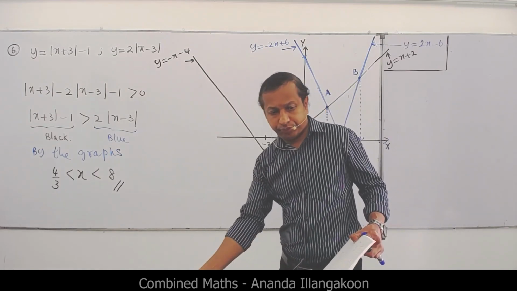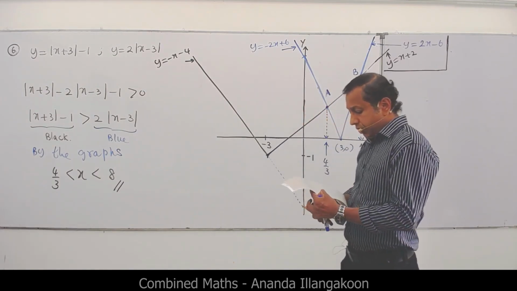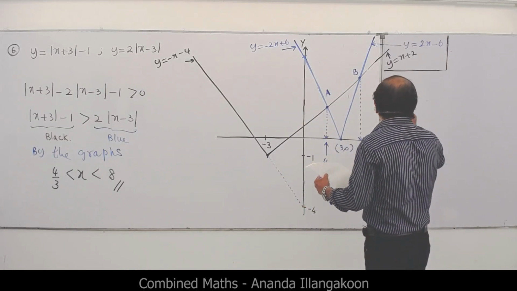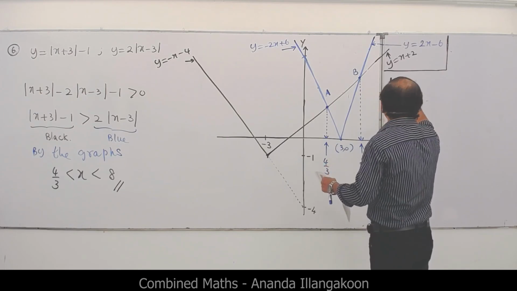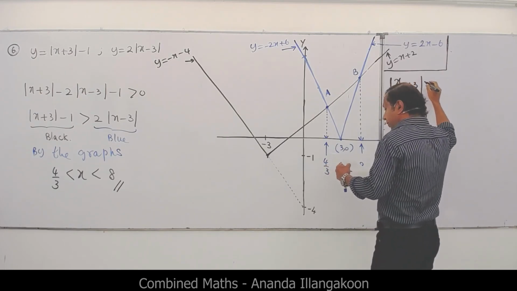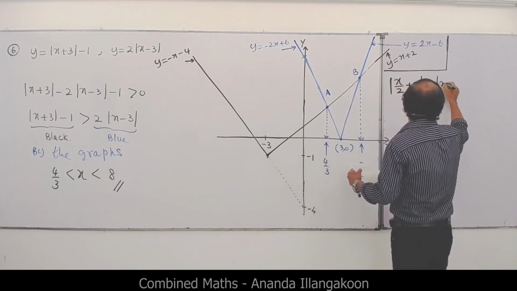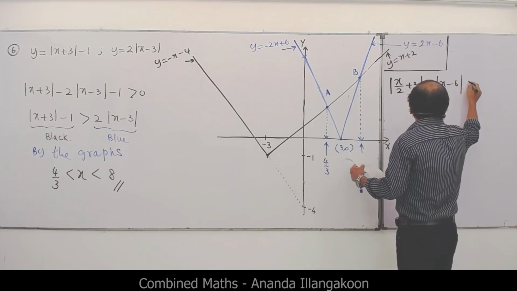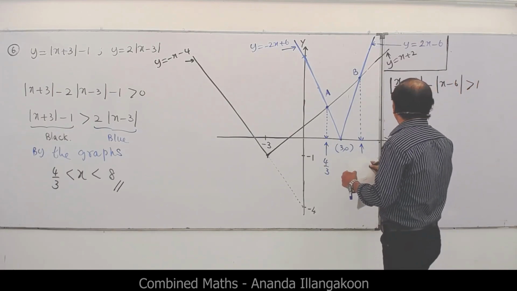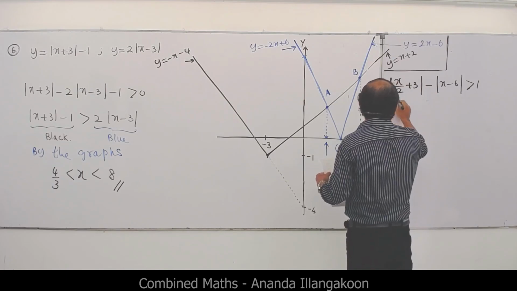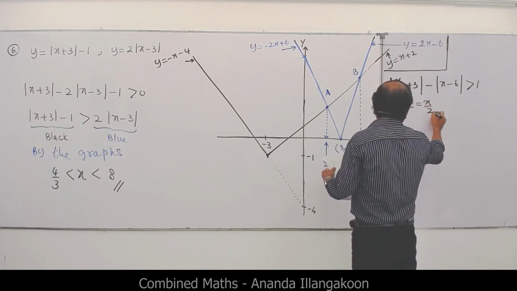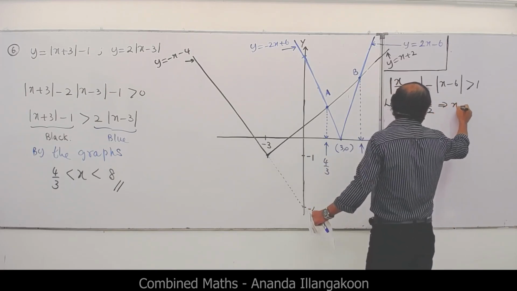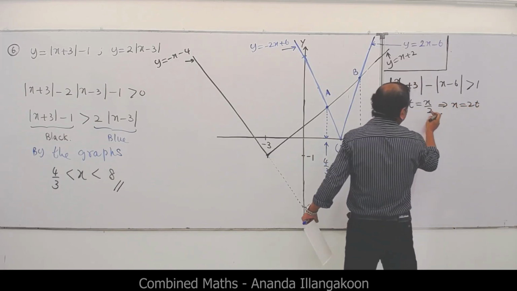Mod x by 2 plus 3 minus mod x minus 6 greater than 1. I take here, let t equals x by 2. It means x equals 2t, no? Using cross multiplication.